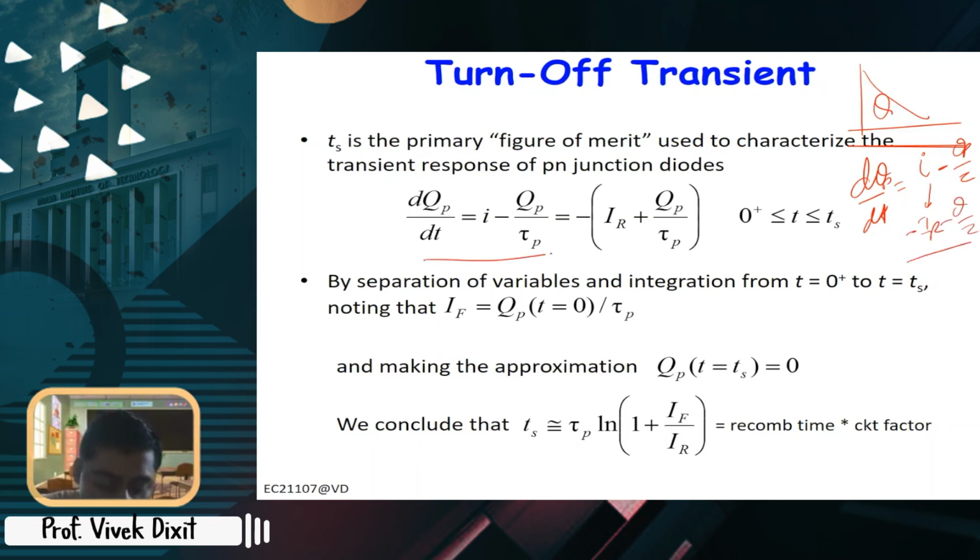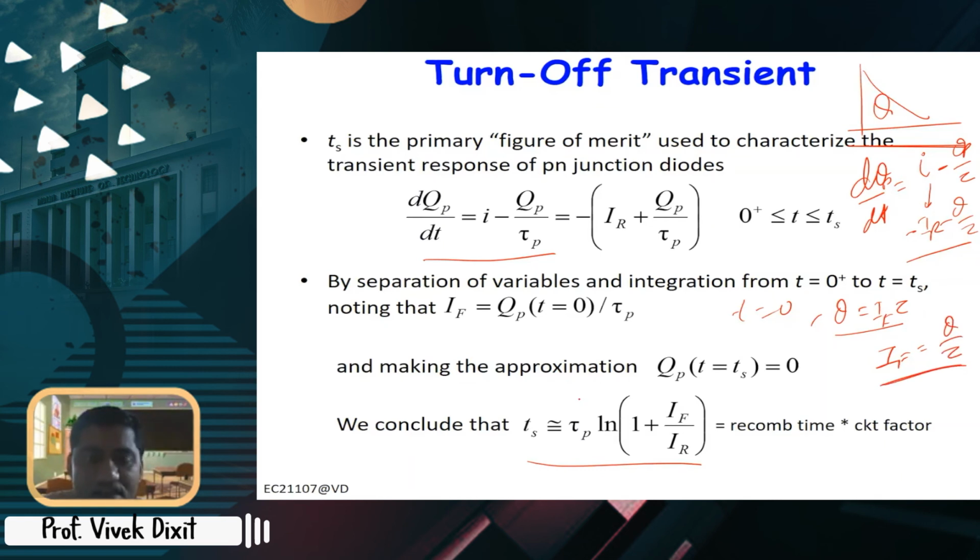And when you solve this equation, you get an expression like this. How? Let's say at t equal to 0, what is the charge? I forward times tau. You can recall that IF was defined as q by tau, right, using the charge control model.